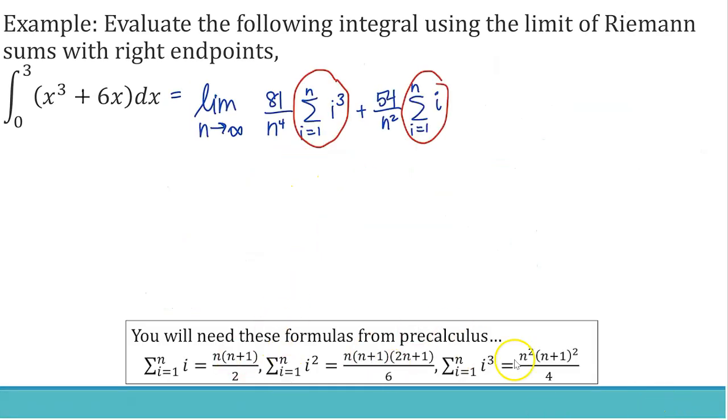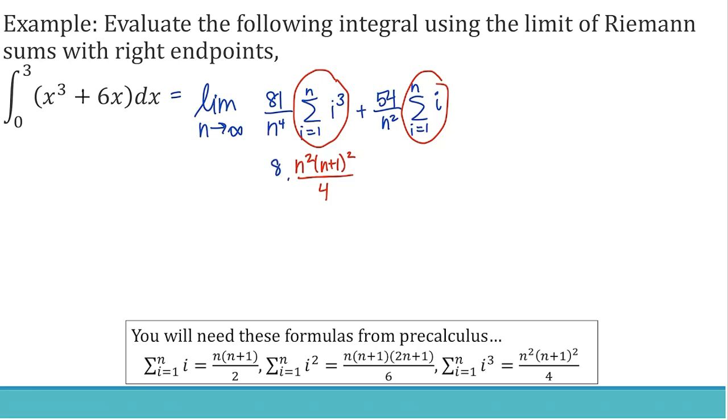So I've just made some space here, and I've included the precalculus formulas on the bottom. So the sum of i equals 1 to n of i cubed is on the bottom right here. It's equivalent to n squared times n plus 1 squared over 4. So I'm going to replace this with n squared times quantity n plus 1 squared over 4.